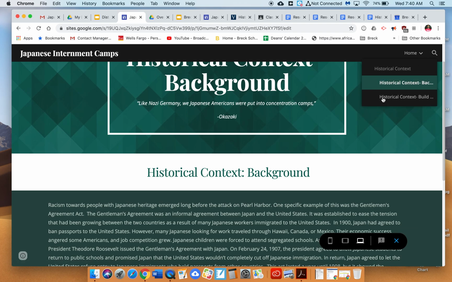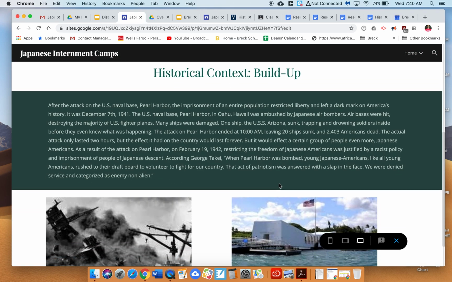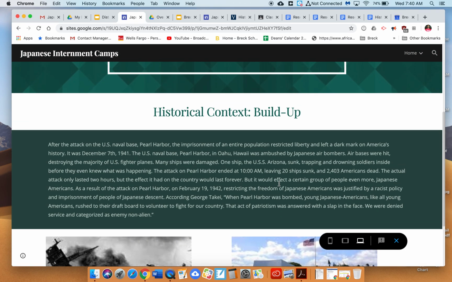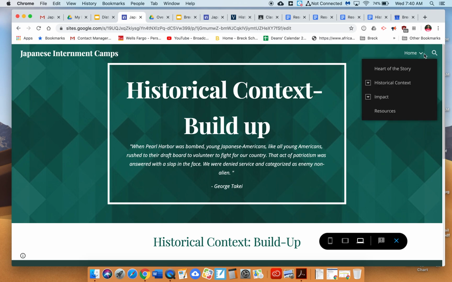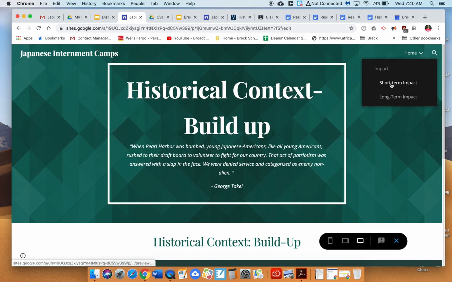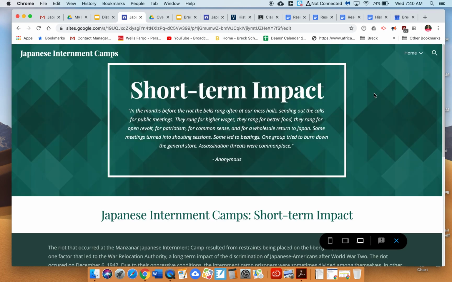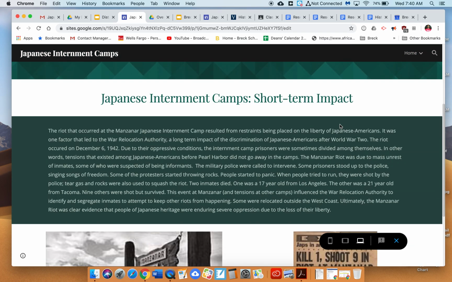And then we have buildup, which more than likely is the bombing of Pearl Harbor, or the attack on Pearl Harbor. Then you have the impacts, short-term impact of the Japanese internment camps.